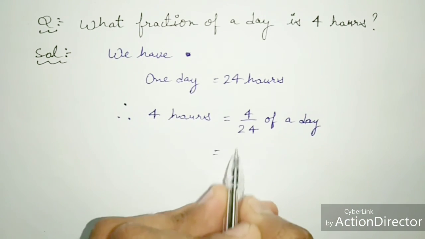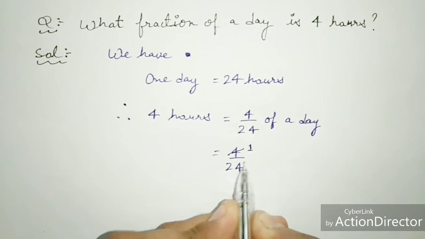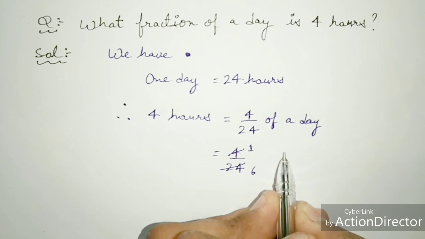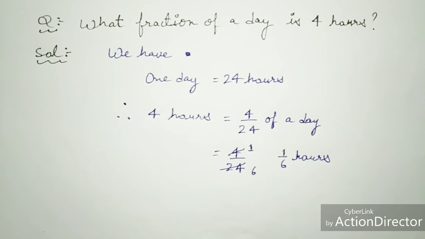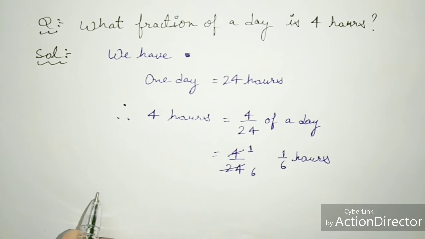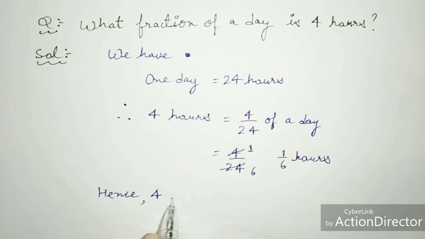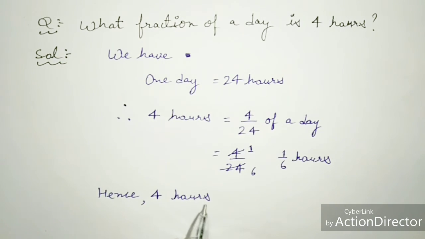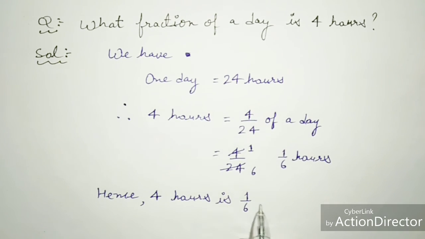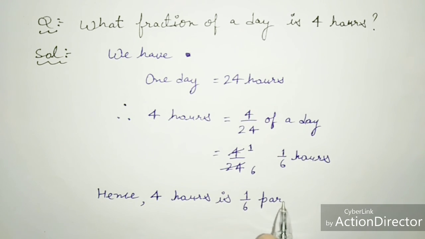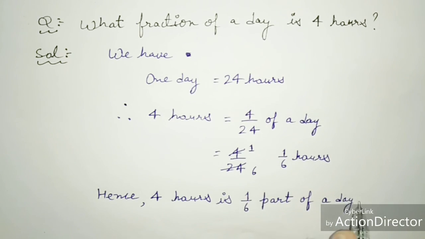Now here we divide 4 upon 24. 4 ones are 4 and 4 6s are 24. 1 upon 6. So hence 4 hours is 1 upon 6 part of a day.